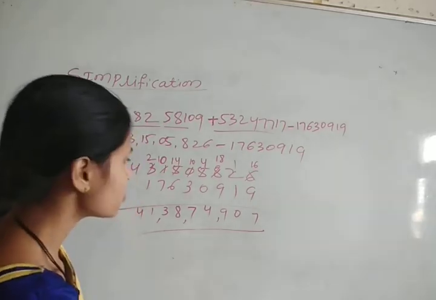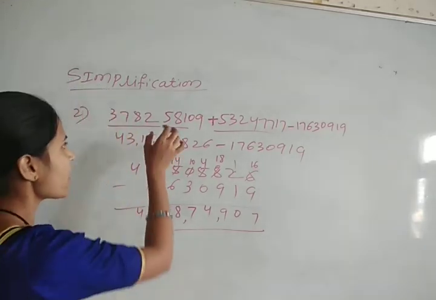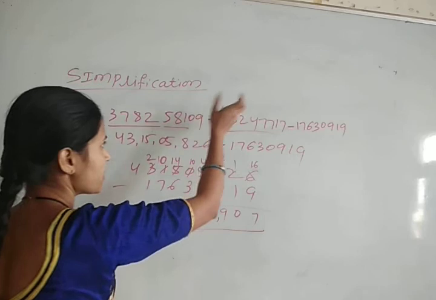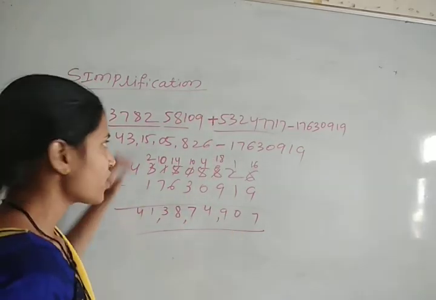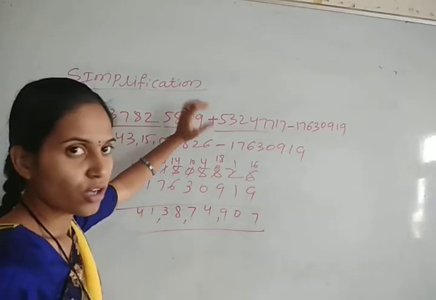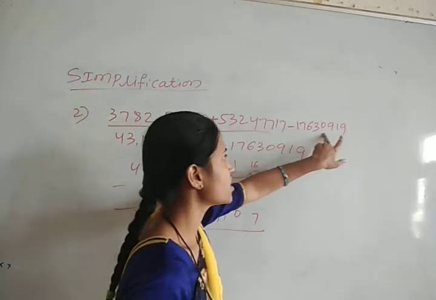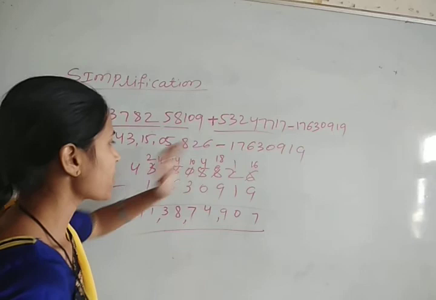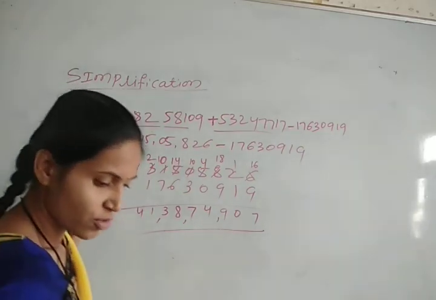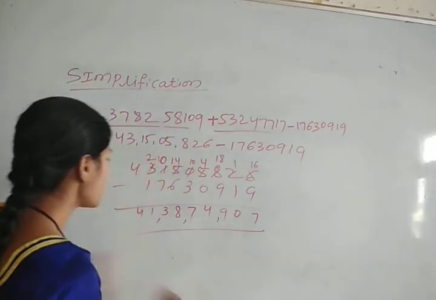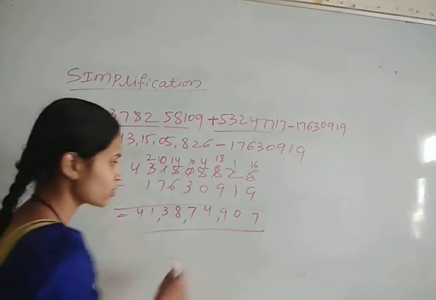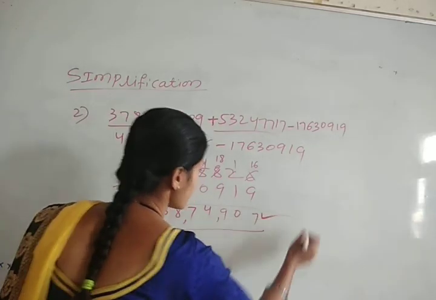So how have we got this? First of all we have added these two numbers, and after adding these two numbers, from whatever result we have got, we have subtracted this number. Okay, after subtraction the result whatever we have got is known as the final result. Okay, so this is the final result.